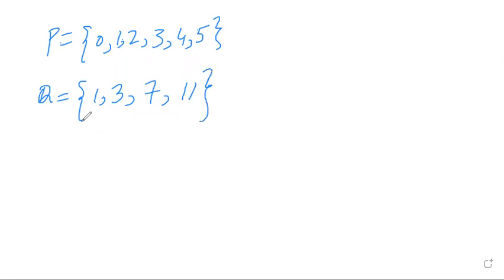This is set Q. Now you have to find P union Q and P intersection Q. It's a very short question, so quickly solve and let me know. I'm waiting. What will be the solution for that one? When you complete, let me know. I'm waiting.